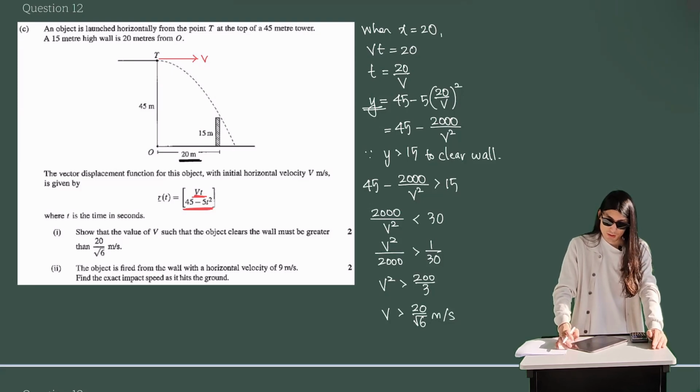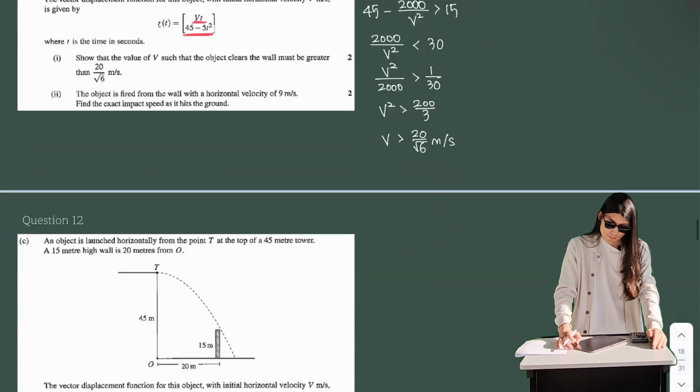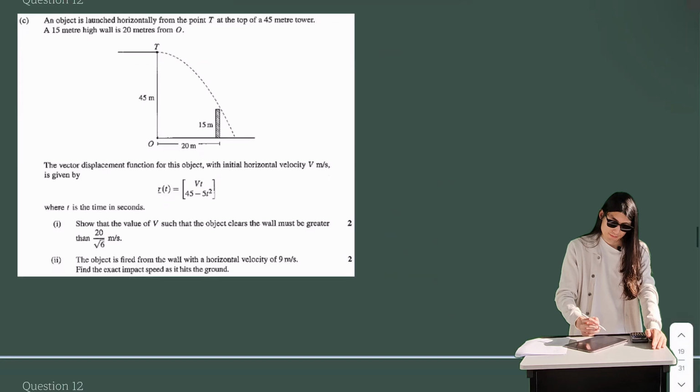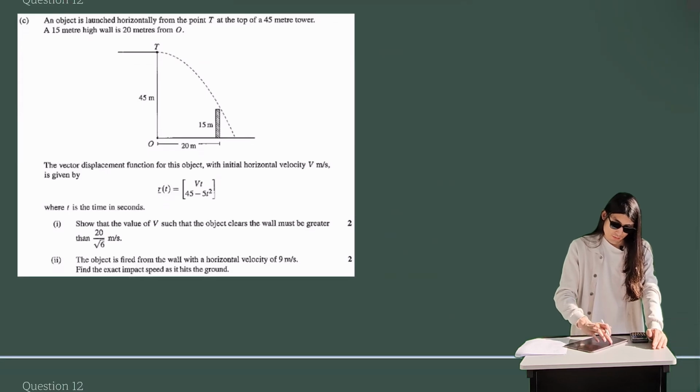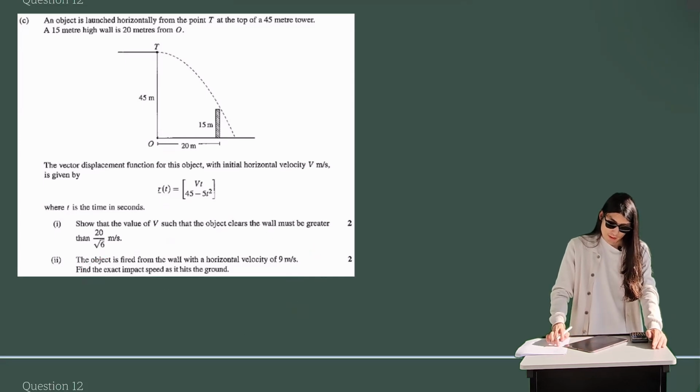Okay, there's a second part to the question which states that now if the object is fired from the wall with a horizontal velocity of 9 meters per second, find the impact speed as it hits the ground.